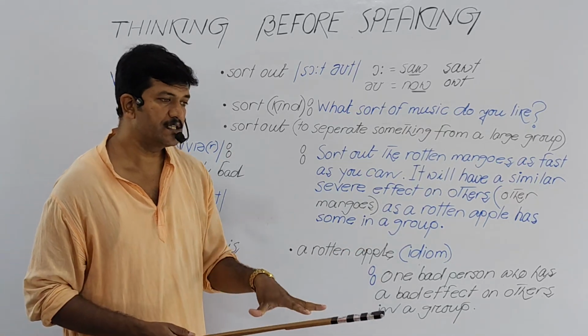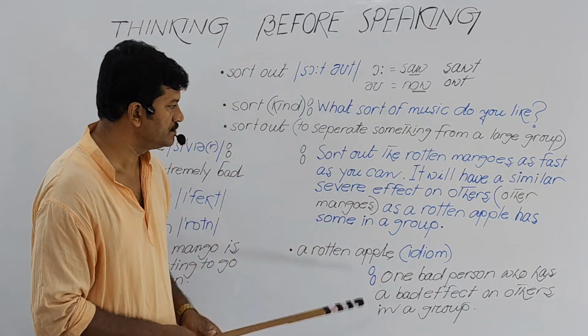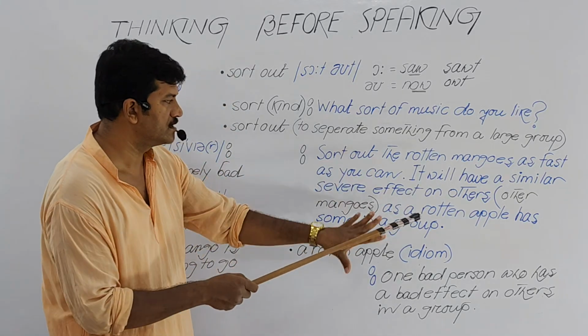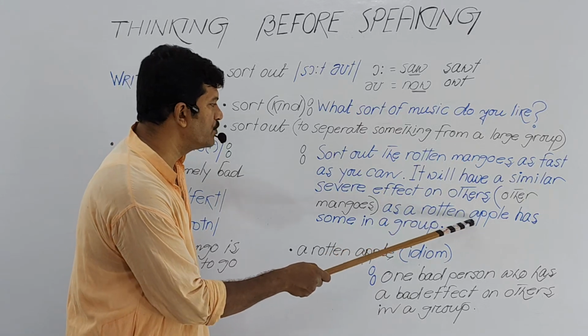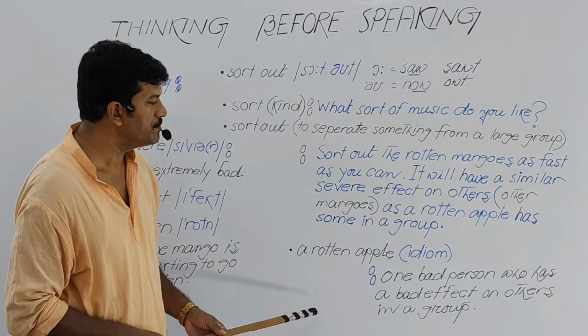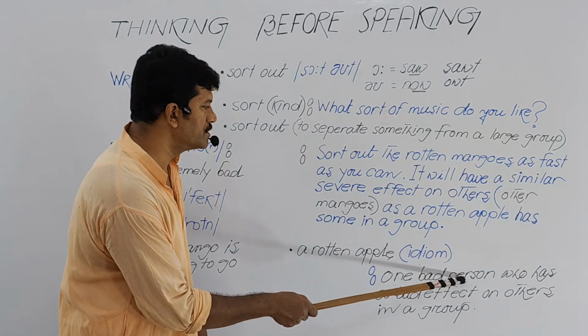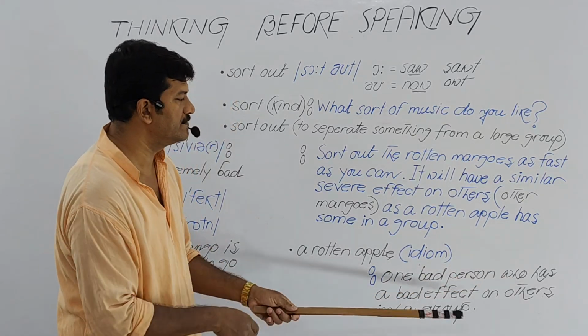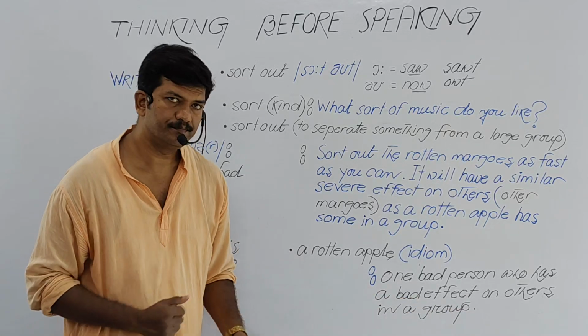But surprisingly and interestingly enough, here in this structural form, a rotten apple is used as an idiom, meaning one bad person who has a bad effect on others in a group.